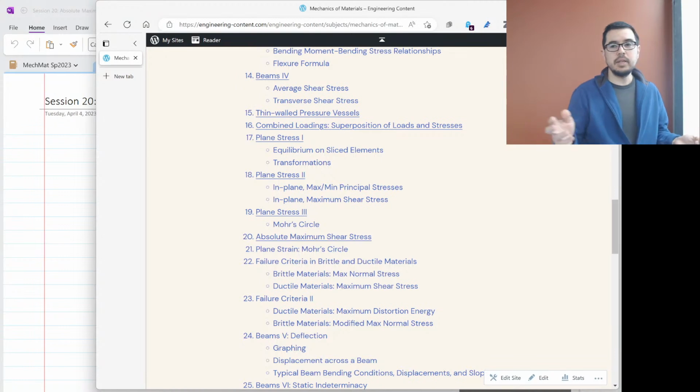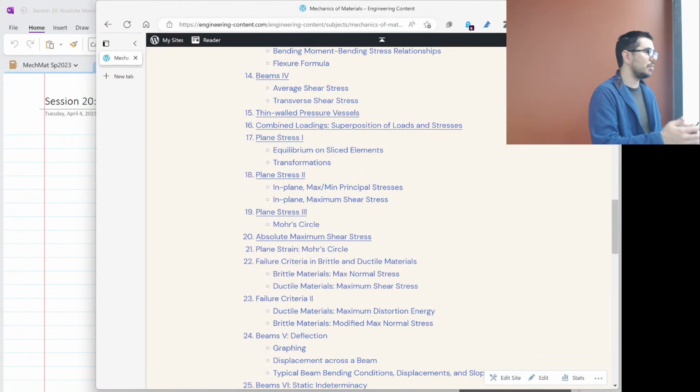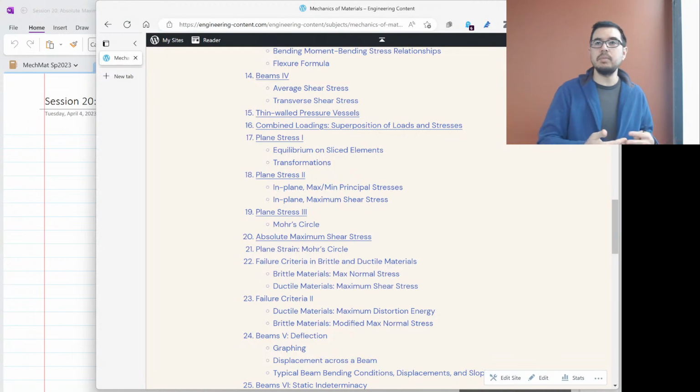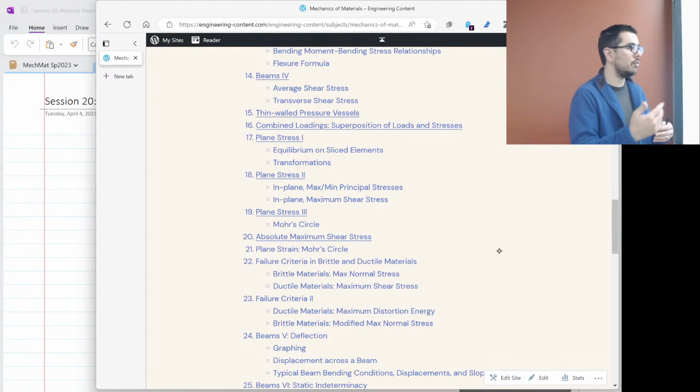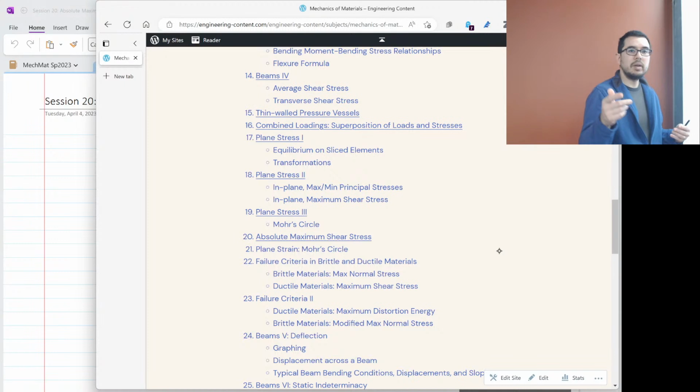Free body diagrams didn't go away, right? So a lot of the stuff we covered for the first exam is going to be relevant to this exam as well. And there are prior exams, 2015, 16, 20, and fall of 2022 as well that you might want to take a look at.